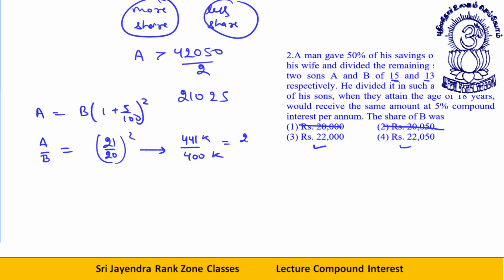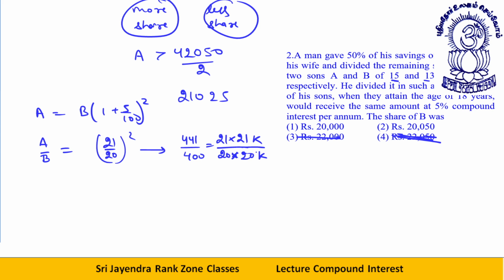441 is actually 21 into 21, and 400 is 20 into 20. K, I'm putting for equating. So the number which is the share of A, the share of B. Okay, dear student, we need the share of B. Since we need the share of B, I cancel this.